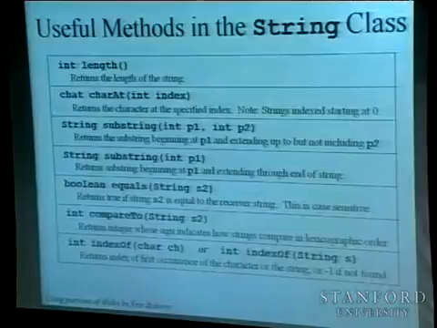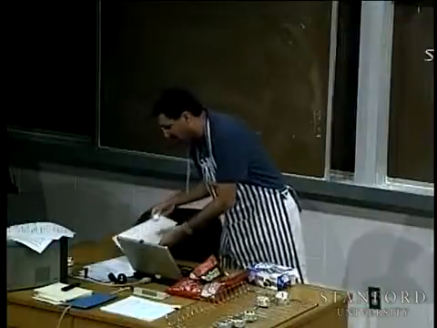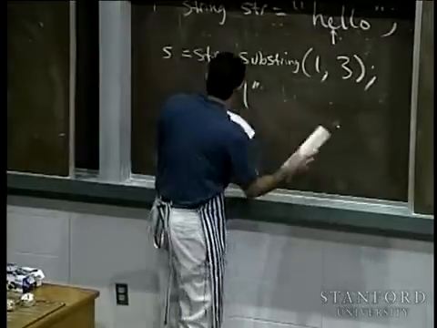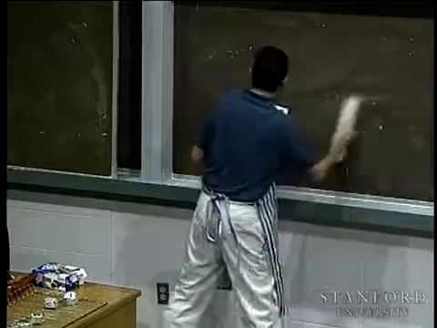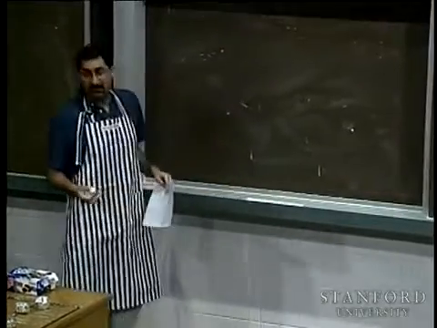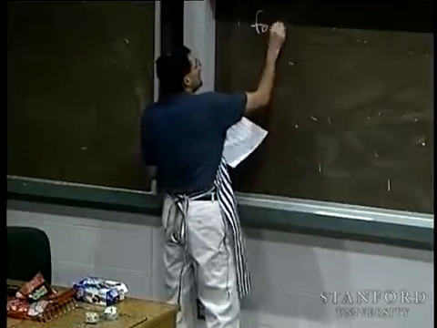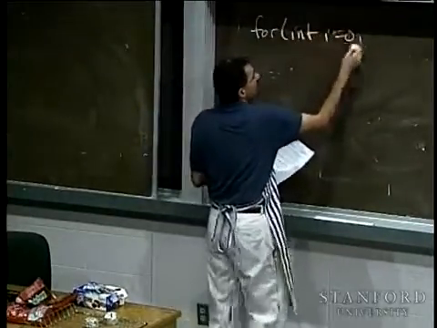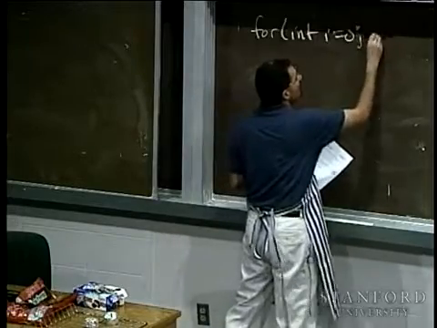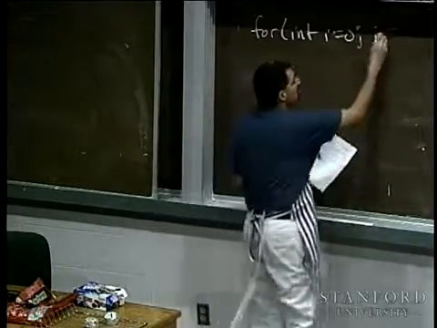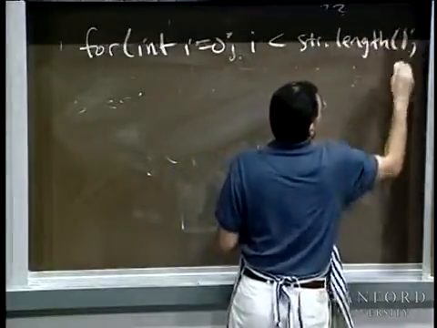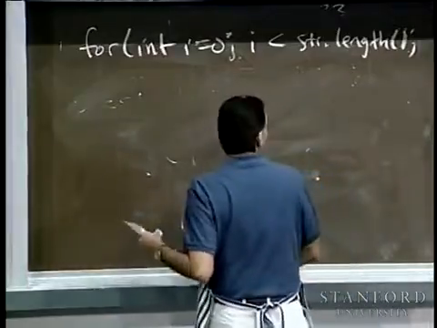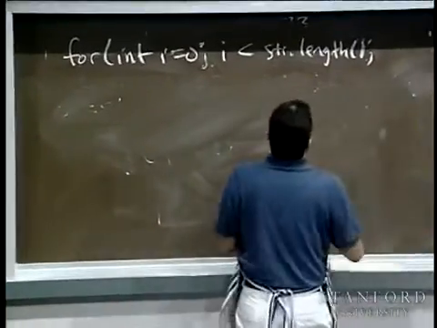Okay? So just a few things that you should see, and we can put these together in some interesting ways. One of the things that's common to do is iterate through a whole string to do something on every character in the string. So you might have a for loop with int i equals 0. You're going to count up to the length of the string. So if our string is called str, we'd say as long as i is less than str's length, and then we would add our little friend, the i++ at the end.